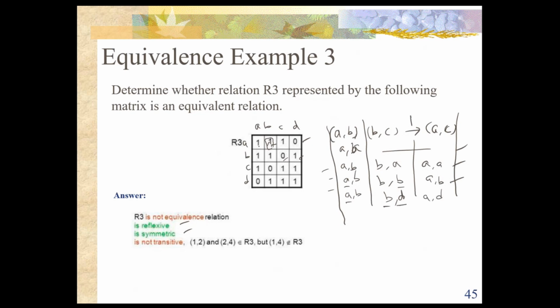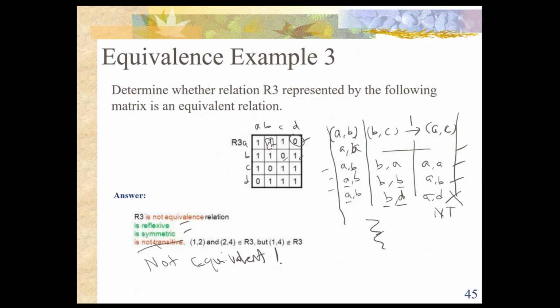So let's go to A and D. See, D here, AD does not exist. Not transitive, right? So we can stop. We don't have to do the rest. We say that R3 is not transitive. So since R3 is not transitive, it's not an equivalence relation.